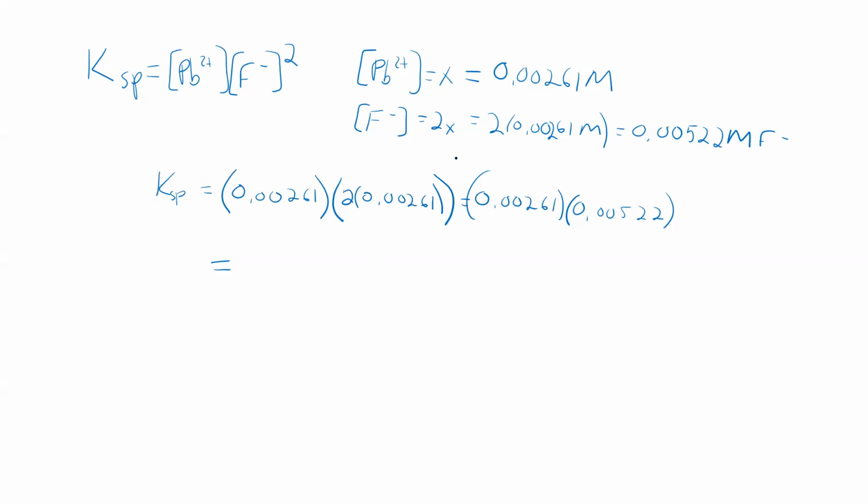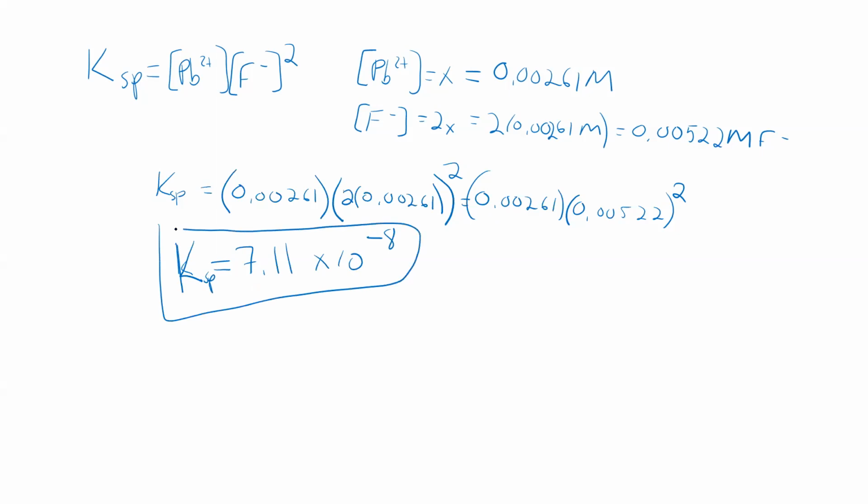Forgot to square it. I need to square that, and I need to square that. And so you wind up with a KSP value of 7.11 times 10 to the minus 8. Okay, and so you can now calculate KSP from a solubility, or for that matter, from a molar solubility, because we calculated the molar solubility first, and then we calculated the KSP second.